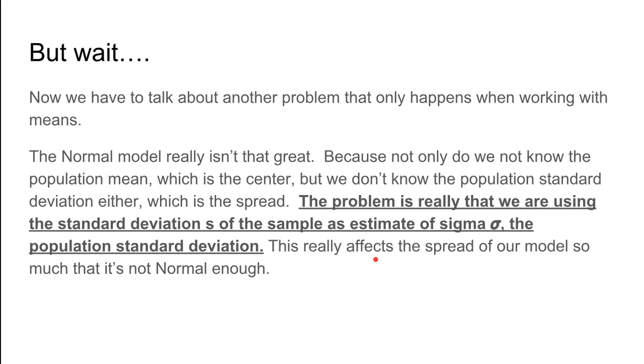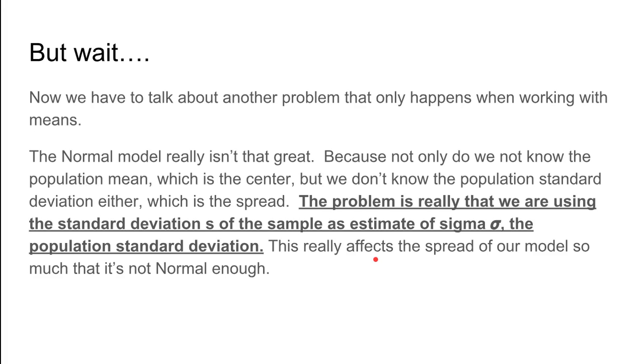But wait, we actually encounter another really, really big problem. We did not capture this problem with proportions, and I'll explain that in a moment. But here's the issue. The normal model really isn't that great. Well, I don't mean that. I mean, we've been talking all year about the normal model being great, but here's why I'm saying the normal model is not great in this scenario. Because not only do we not know the population mean, which is the center, we don't even know the population standard deviation, which is the spread.